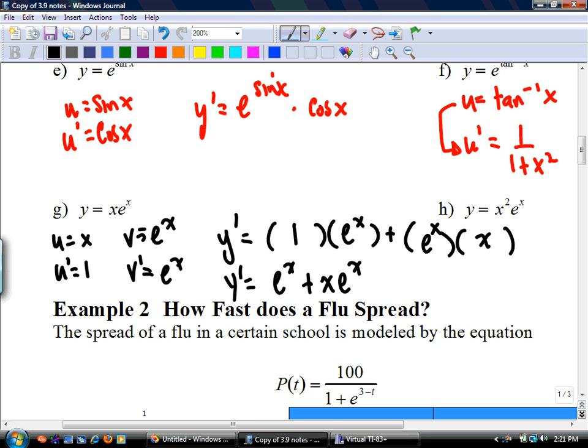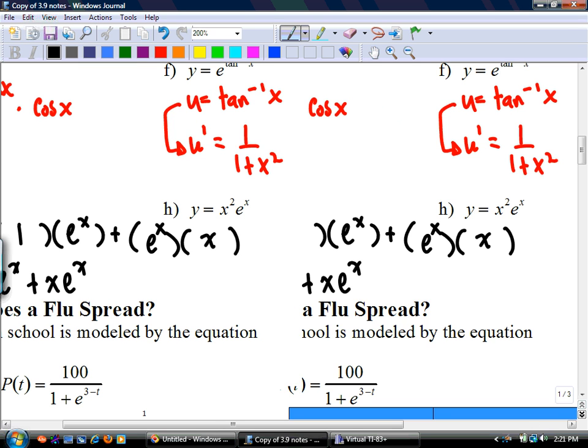You'll have to wait till tomorrow to talk about what you do when it looks like that. As soon as you have variables in the base and the exponent, we open a whole new kettle of fish. A can of worms. I've got my mixed metaphors. Okay. What are you going to do for the next one?